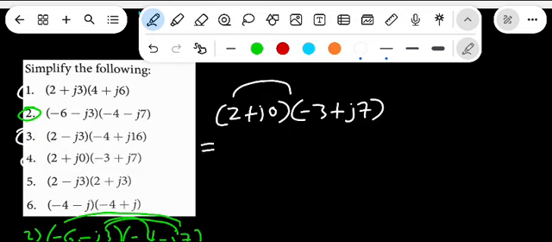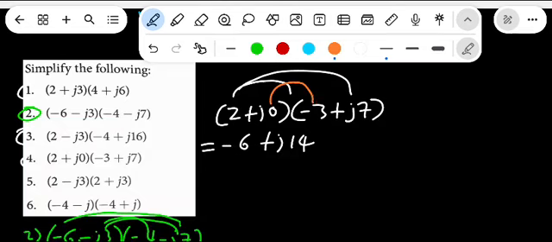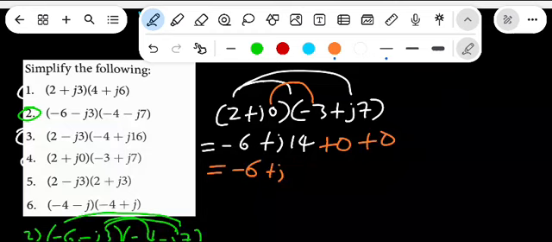This will be minus 6, distribute, plus j14, distribute, will be simply equal to what? It is 0 anyway. This will be plus 0 plus 0 anyway. So this will be negative 6 plus j14.